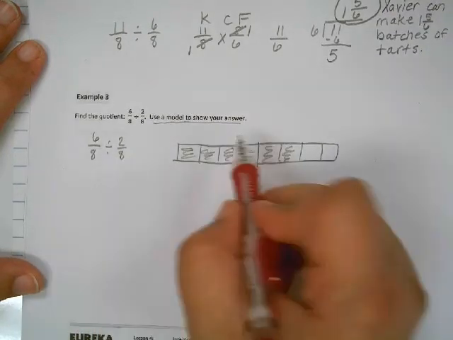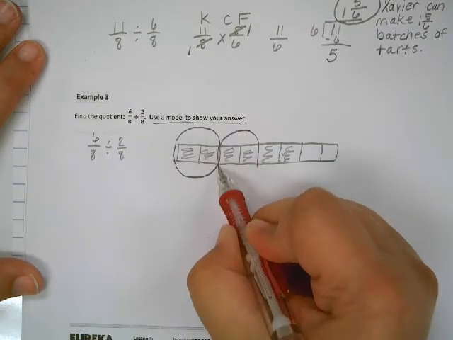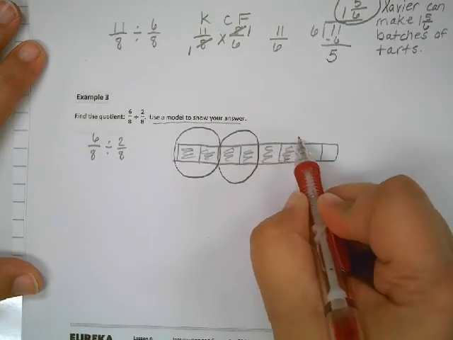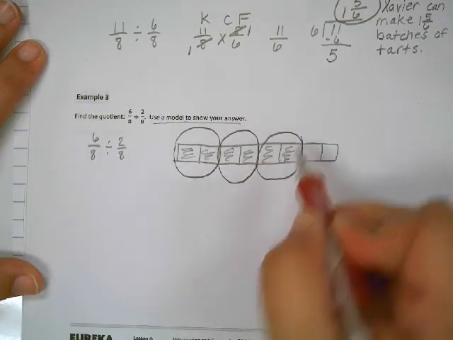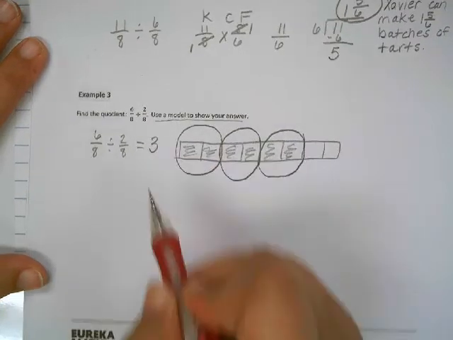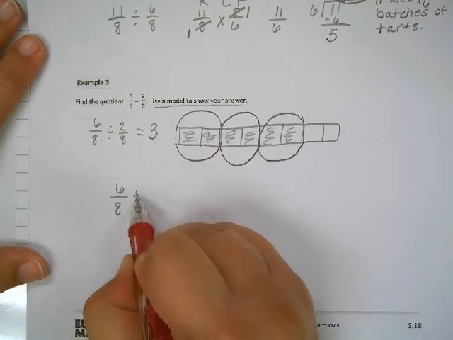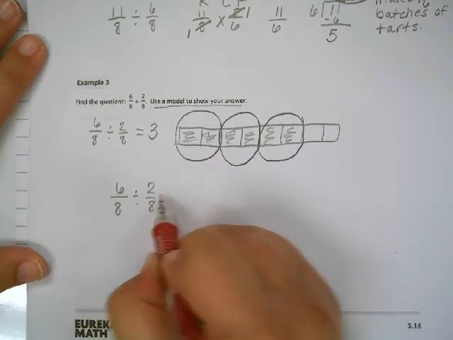And I'm going to group them in groups of 2. So here's 2 8s. Here's 2 8s. Here's 2 8s. And how many of those do I have? I have 3. I can also do my equation 6 over 8 divided by 2 over 8.